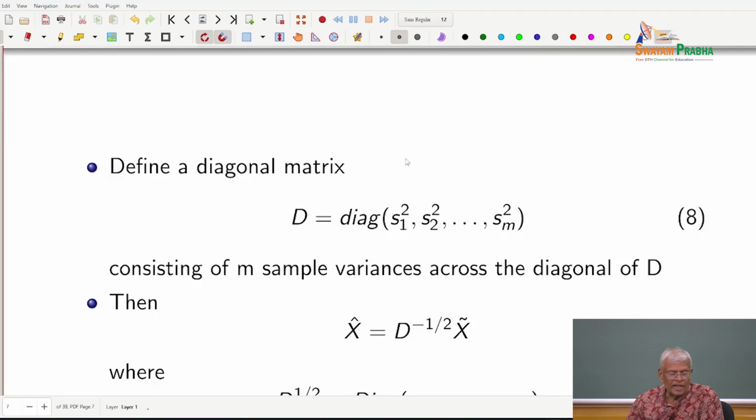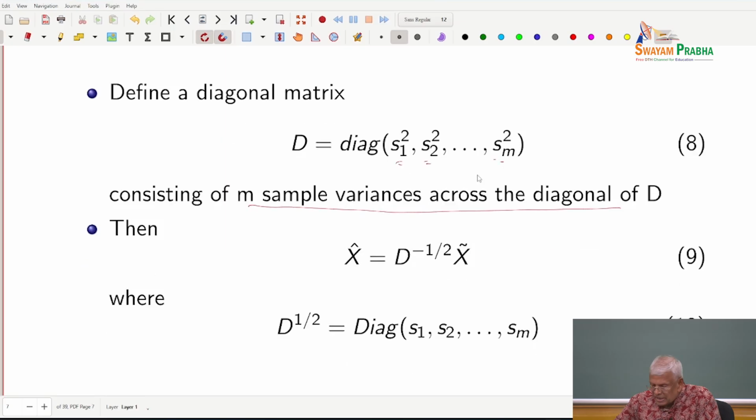Now I am going to define a diagonal matrix because I have already calculated the variances of the m rows. I am going to consider the diagonal matrix D consisting of the m sample variances. The diagonal elements of this matrix are positive because they are variances. If the data has variation, the variance must be positive.